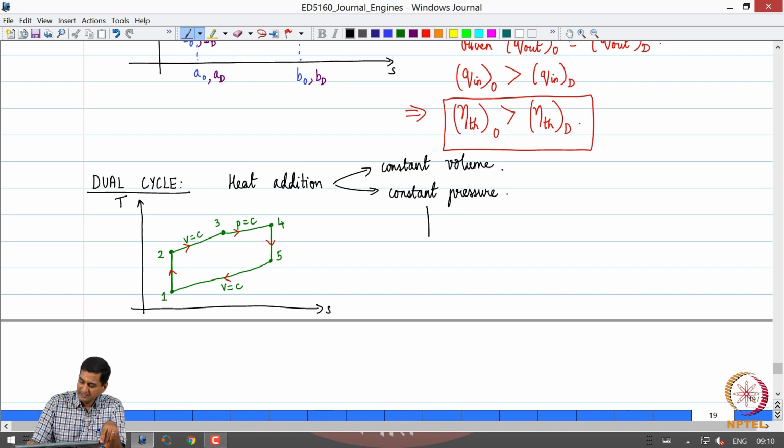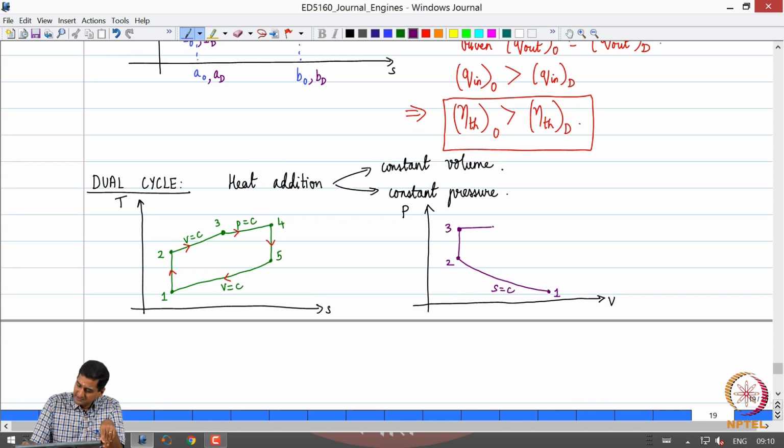If I were to draw the PV diagram for the same process, 1 to 2 will be isentropic compression, 2 to 3 will be constant volume heat addition, 3 to 4 will be constant pressure heat addition, 4 to 5 is isentropic expansion, and 5 to 1 will be constant volume heat rejection.